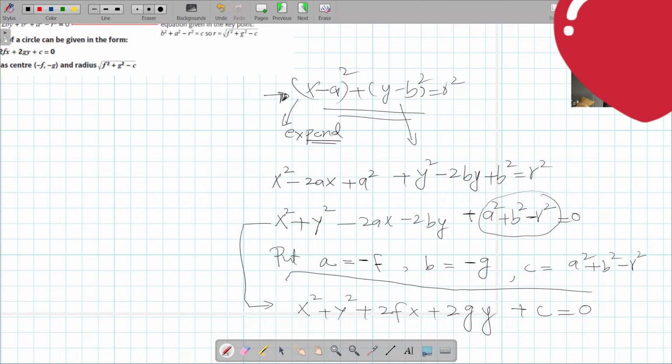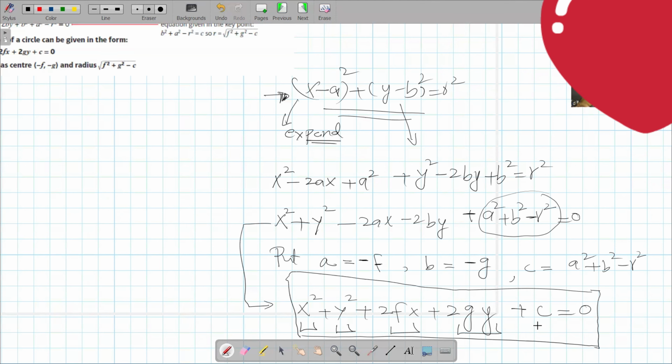This form is known as the general form of the equation of a circle, because it is a more general equation. So if you find any equation like this, x squared plus y squared and some x or y terms plus a constant, it is a circle actually.